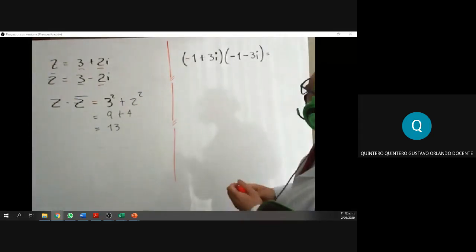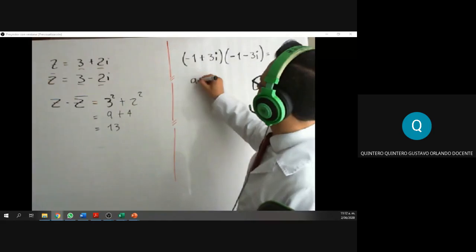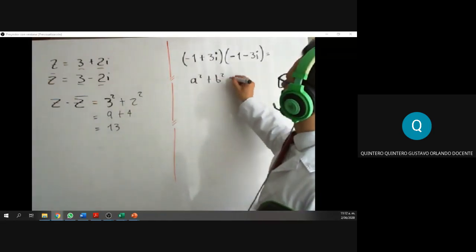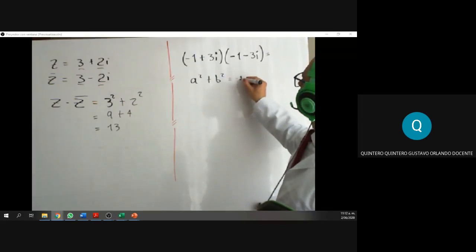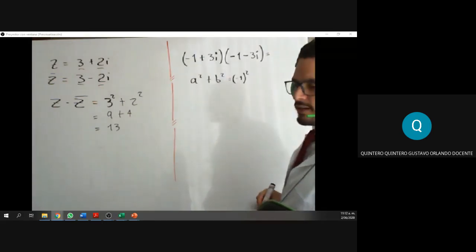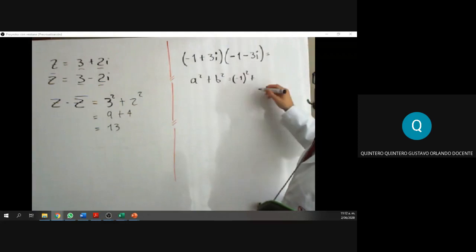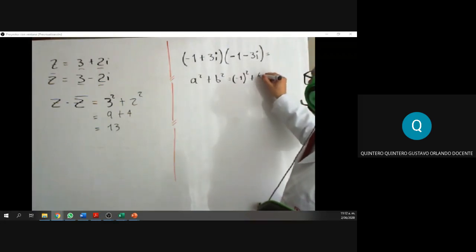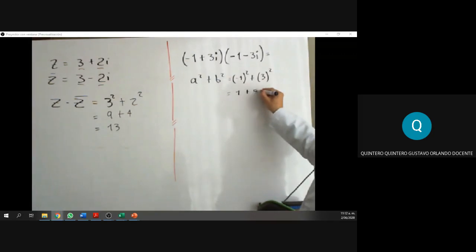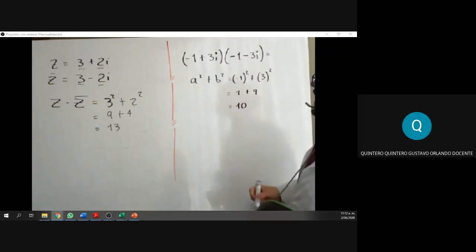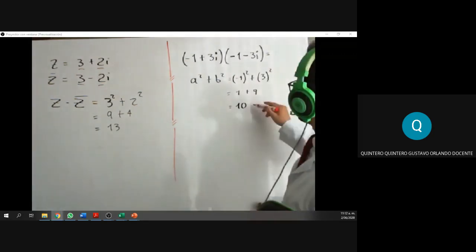So we know the solution will be a squared plus b squared. In other words, negative 1 squared, plus b squared, so 3 squared. We have 1 plus 9, which is 10. Look at that. So simple.